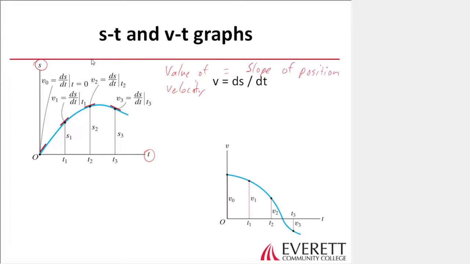At any given time, we can figure out that slope and then plot it. Right here, we'd say the slope is this value, and it's a little bit less, and now it's negative, and that is our velocity graph. Make sense? From our position graph, we can get our velocity graph by doing nothing else but taking the derivative.